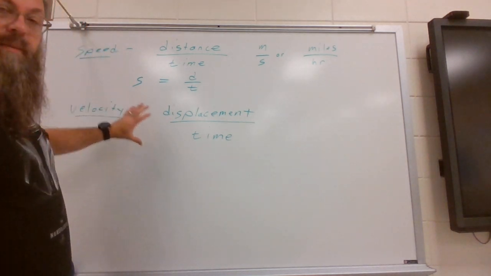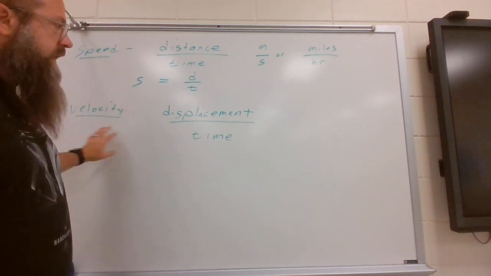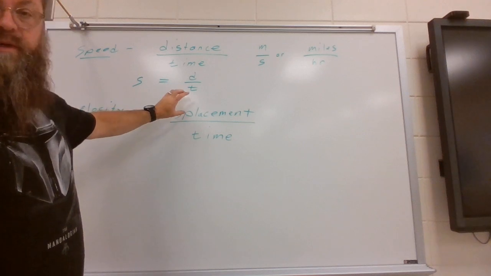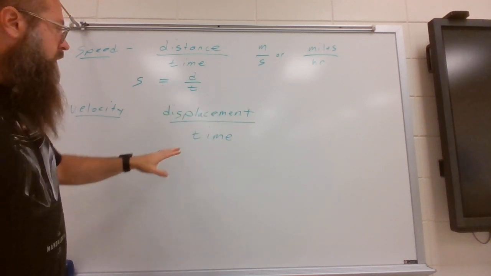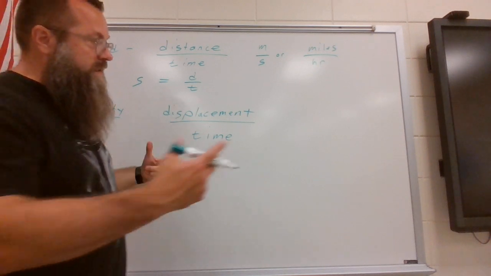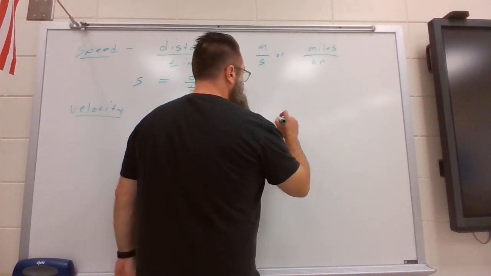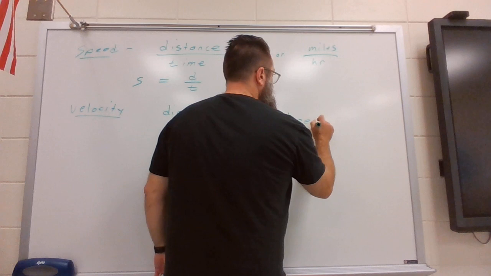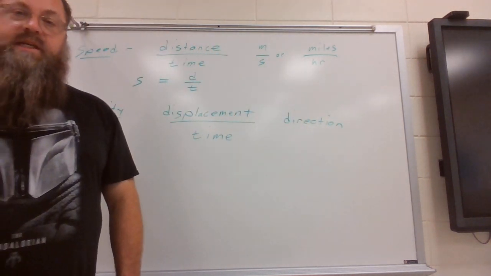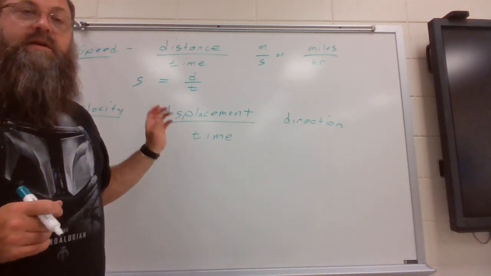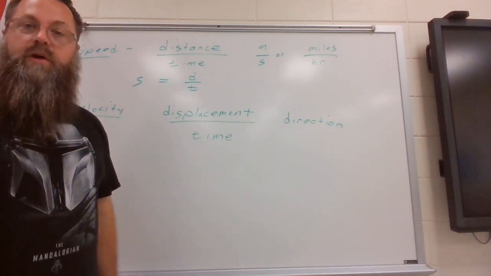What's different about velocity is that it's a measurement of some sort of movement away from a starting point divided by how much time it took, but the other important component is the direction. What is the direction that this motion occurred in?